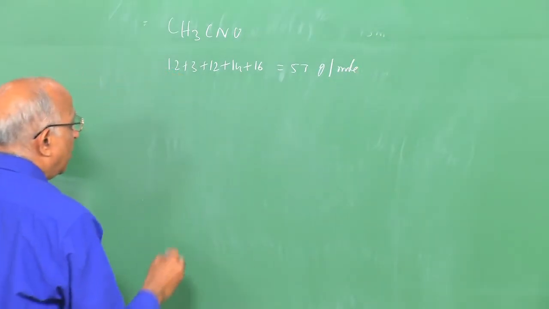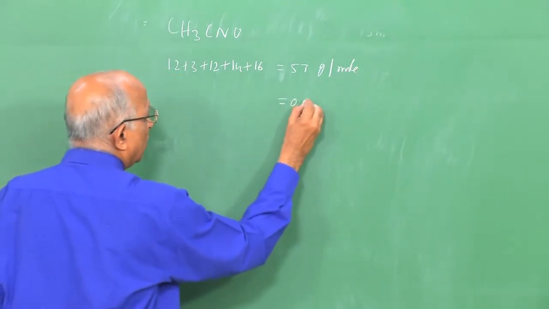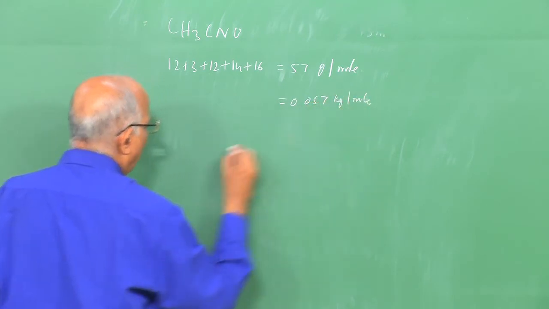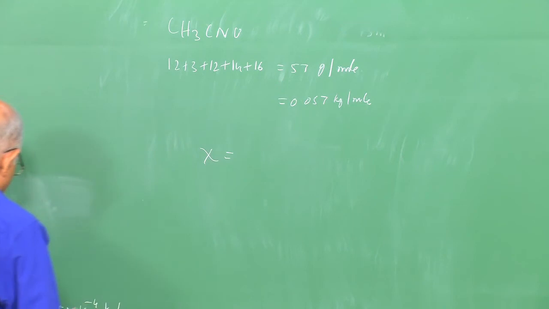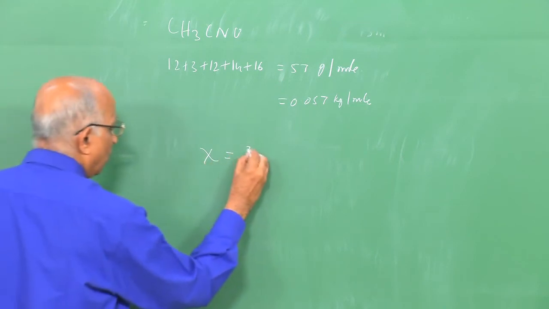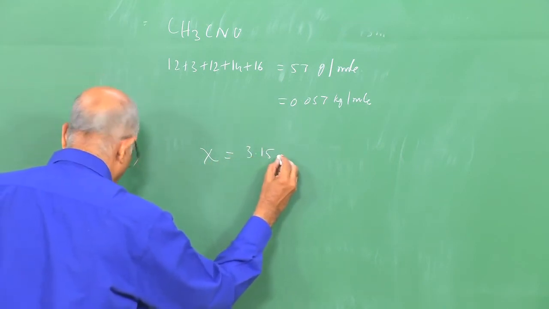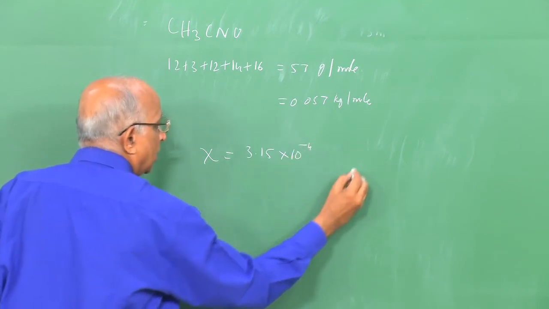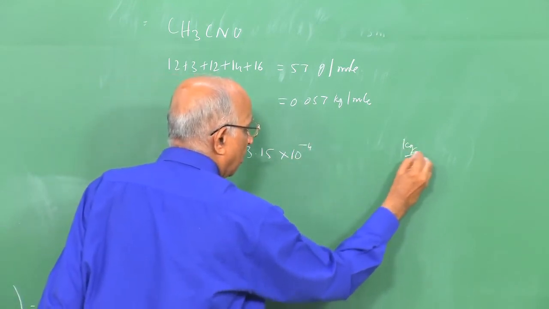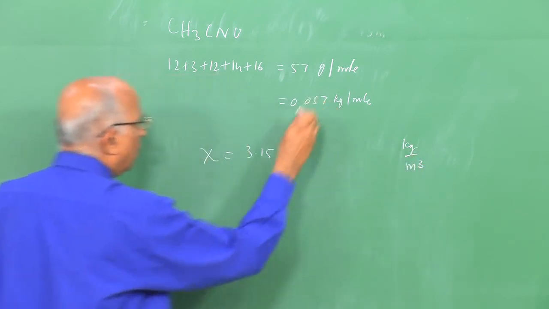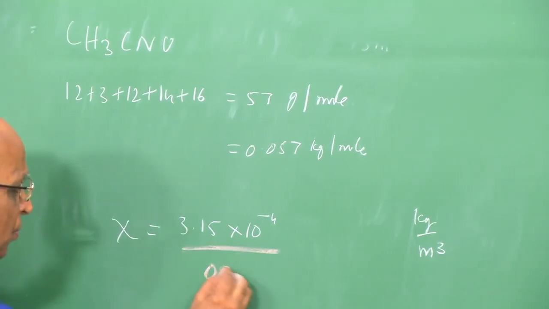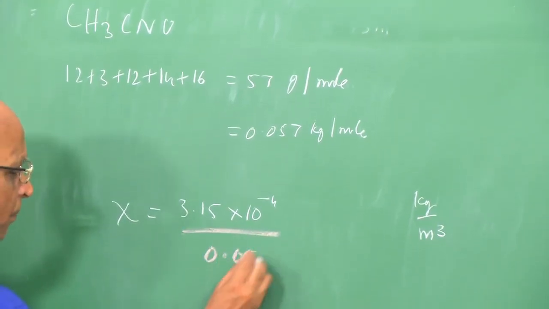This is equal to 0.057 kilogram per mole. I have already calculated the value of concentration as 3.15 into 10 to the power minus 4 kilogram per meter cube. I first convert it into moles, and therefore I divide it by 0.057.